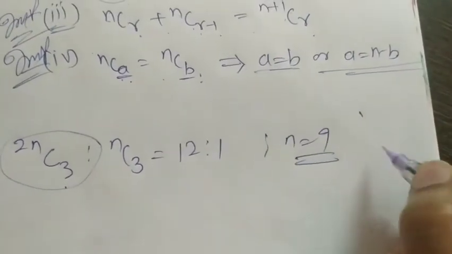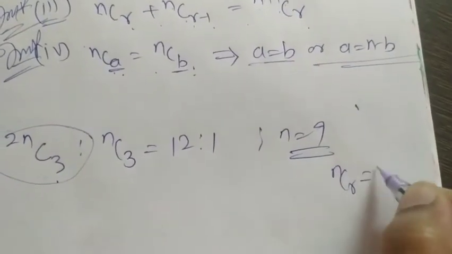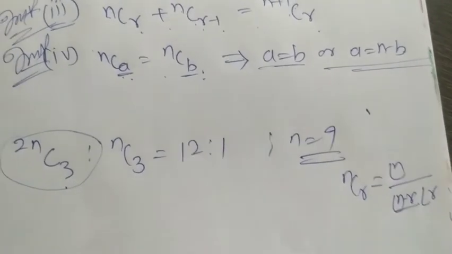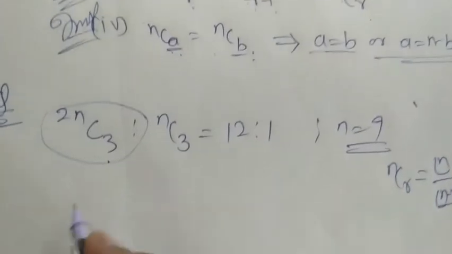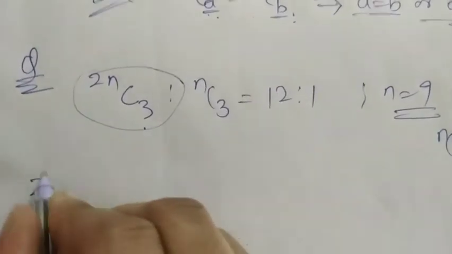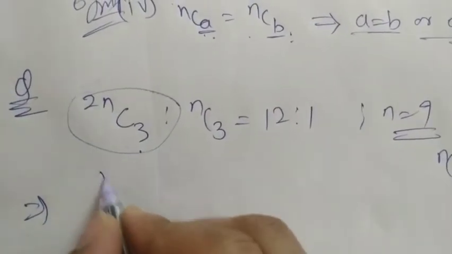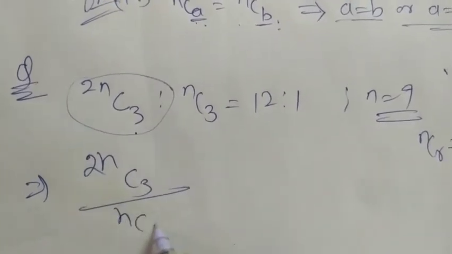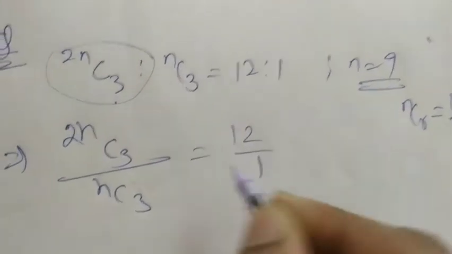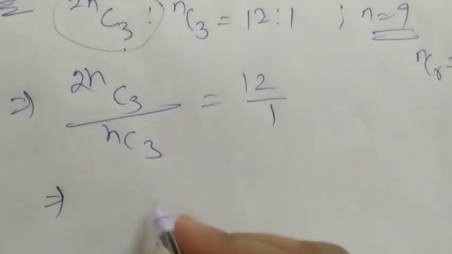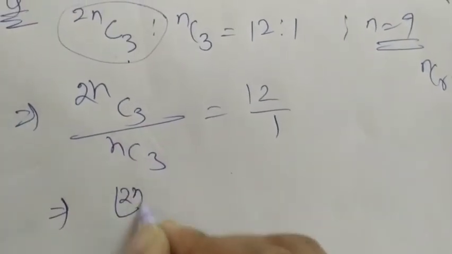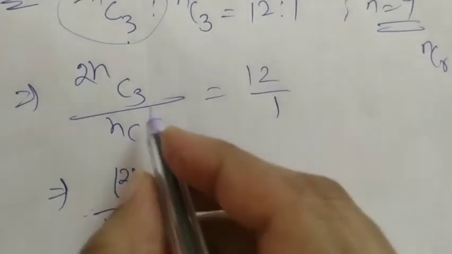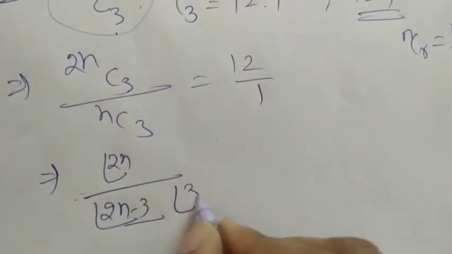What is the formula of nCr? nCr equals factorial n upon factorial n minus r and factorial r. So put all the values here. I can write 2nC3 upon nC3 equals 12 upon 1, or factorial 2n upon factorial 2n minus 3 and factorial 3.